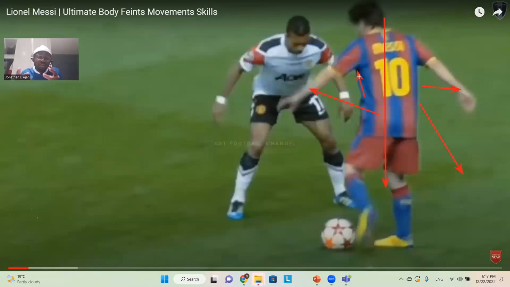Now, if you look at Messi, he needed these two movements to gain upper body balance. You would agree with me that what Messi is intending to do here is to dribble this player. He's trying to go towards the player's left or fend and goes towards the player's right.